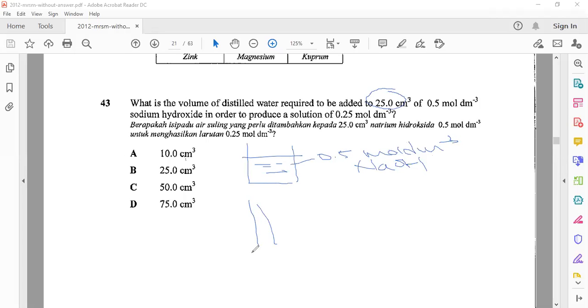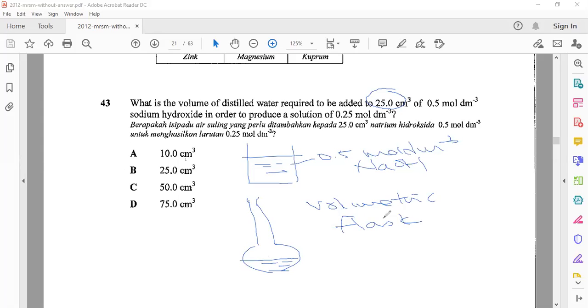So you are going to transfer this 25 centimeter cube into a volumetric flask. Remember the volumetric flask? I hope you can remember. Please know how to state how to produce this standard solution using two methods, which are the dilution method and also the one from the solid.